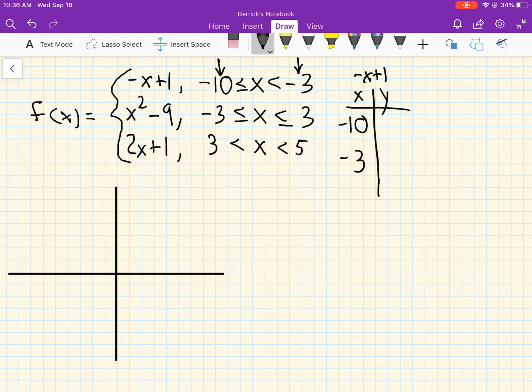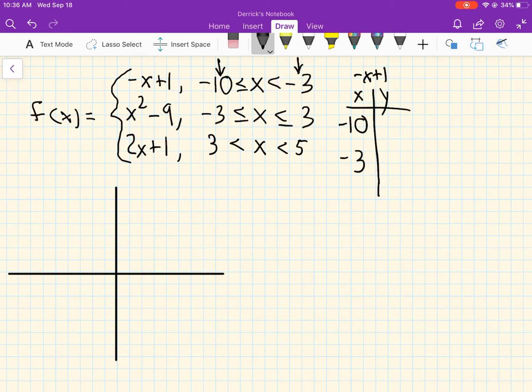Now, the normal function of negative x plus 1 being a regular linear function, it would be going on forever both left and right, negative infinity to positive infinity, right? All linear functions do that. Because this is a piecewise function, this inequality right here, -10 is less than or equal to x is less than -3, is constricting our graph and only allowing us to show a part of it.